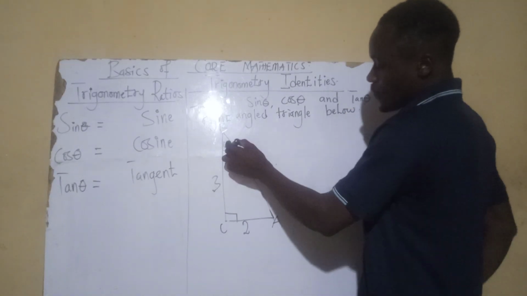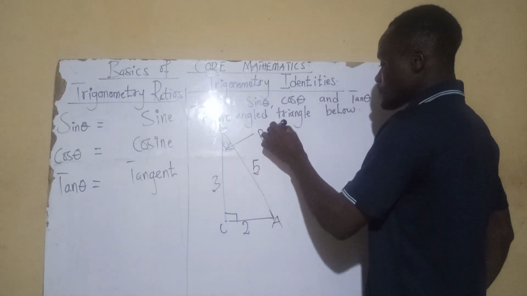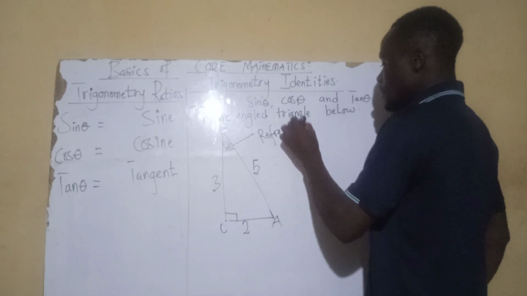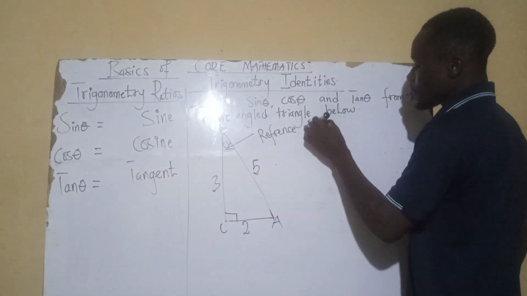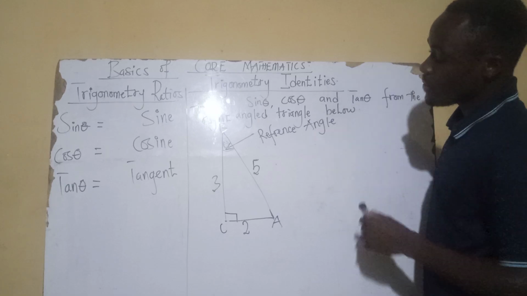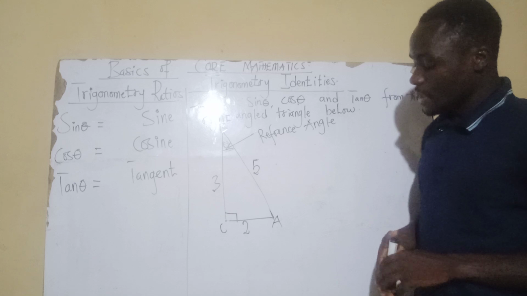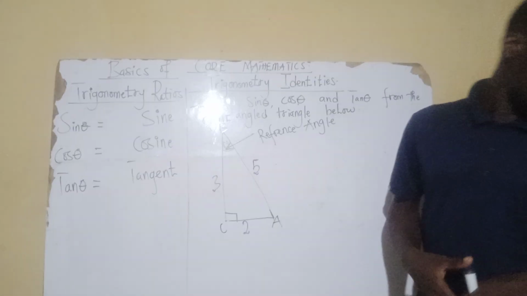Remember, this is what we call the reference angle, or some people term it as angle of reference. Whether reference angle or angle of reference, it is still the same thing. All right, good. So let's proceed.